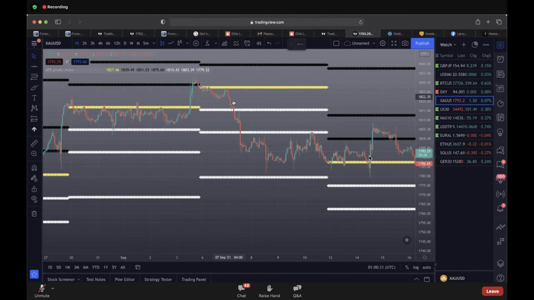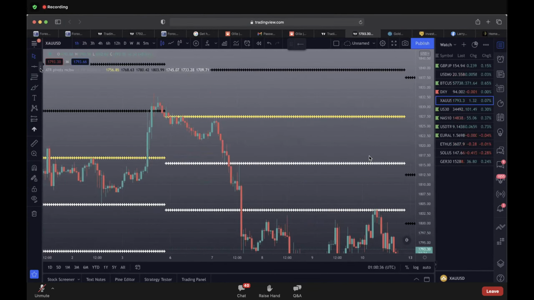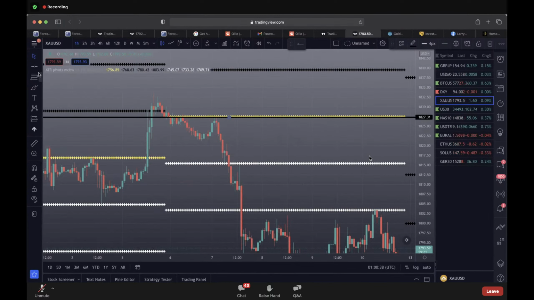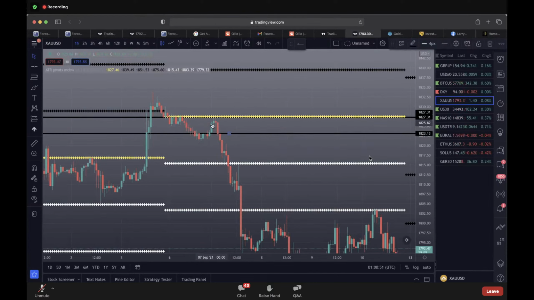Okay, now look at this. Here is the OO, literally at a settlement room. Here's the OO. And here is the resistance zone.